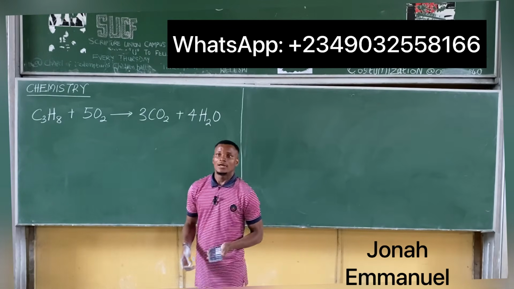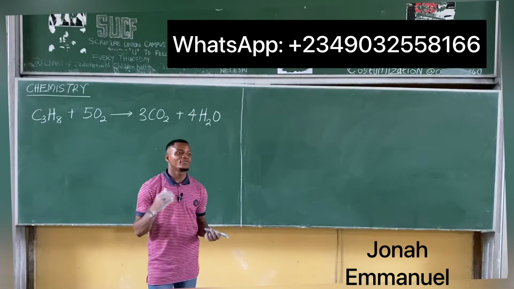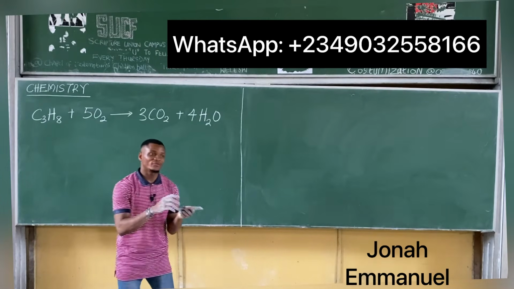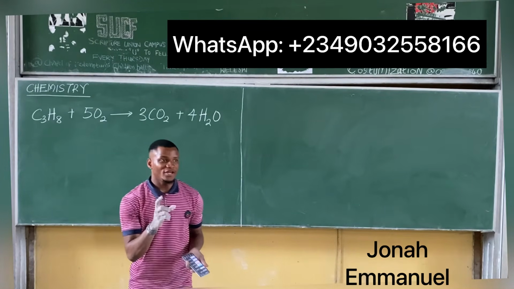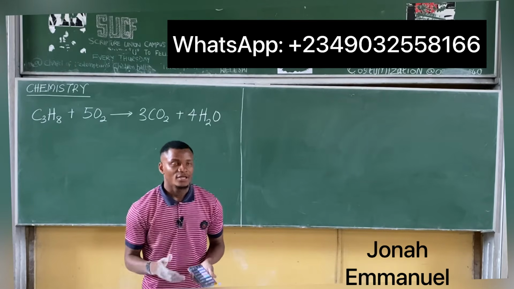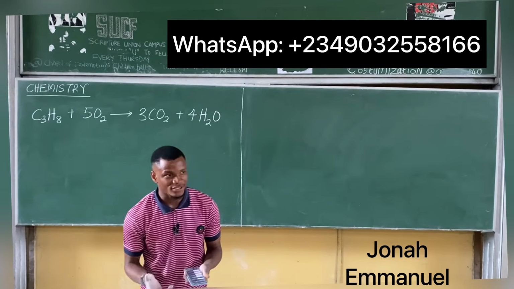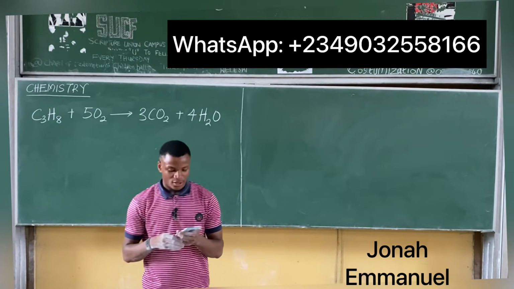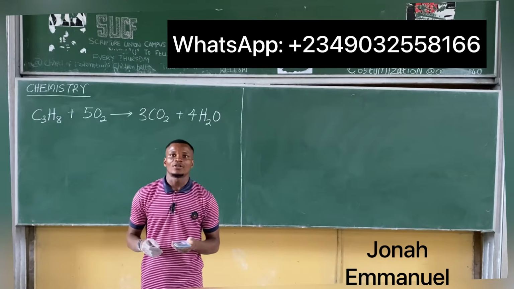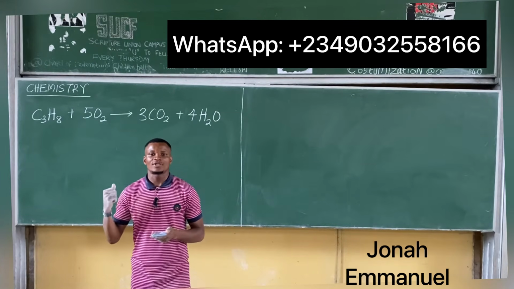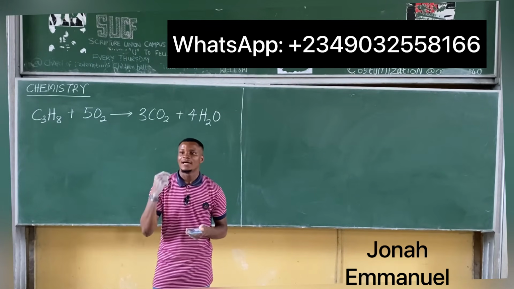In your test, they usually give you the equation, but I would beg you, don't wait for them. Propane C3H8 undergoes combustion to give you carbon dioxide and water. Balance it on your own. Let's try this question on limiting and excess reagent.